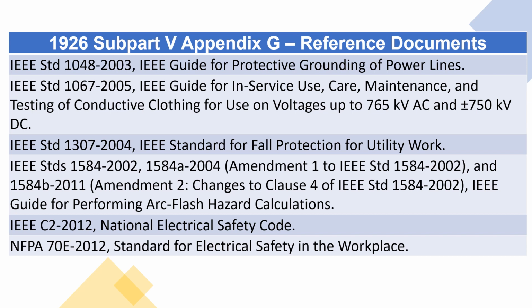IEEE STDs 1584-2002, 1584a-2004, Amendment 1 to IEEE STD 1584-2002, and 1584b-2011, Amendment 2: Changes to Clause 4 of IEEE STD 1584-2002, IEEE Guide for Performing Arc Flash Hazard Calculations. IEEE C2-2012, National Electrical Safety Code. NFPA 70E-2012, Standard for Electrical Safety in the Workplace.